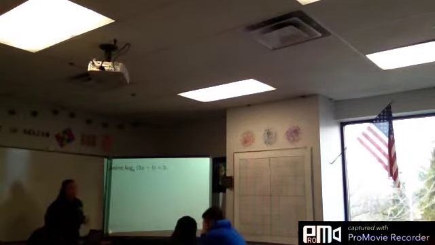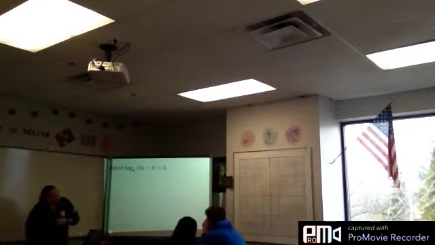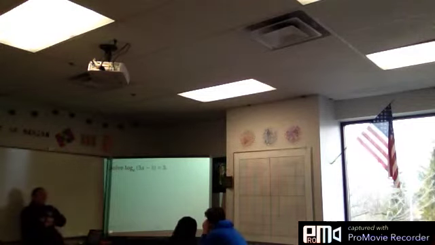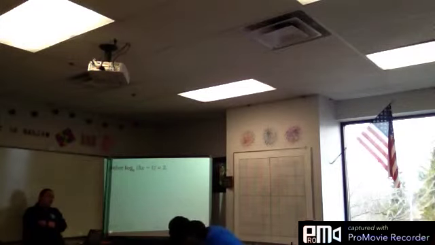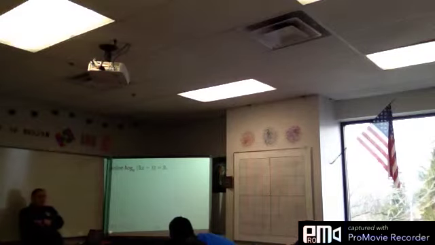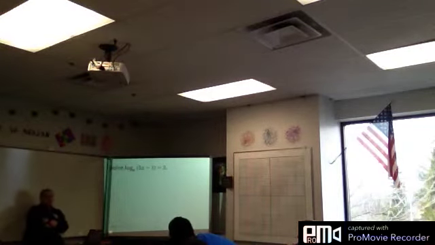Now, what about this? What happens when there's only a log on one side? How can you get rid of a log? We did it earlier in this chapter. E?